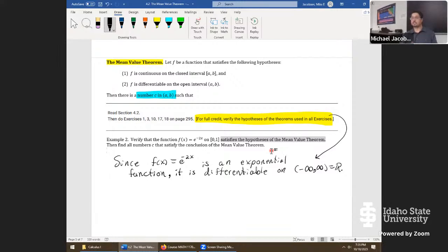It's as nice as possible, just like polynomials. So what I would say next is, therefore, f is continuous on a restricted set from 0 to 1 if it's continuous on all of R.